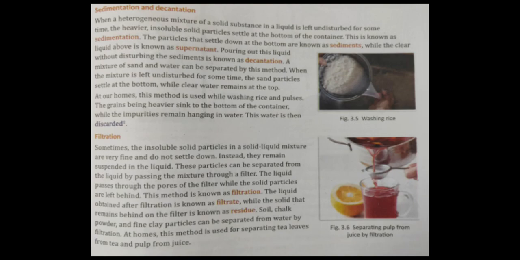The clear liquid component of the mixture that passes through the filter is called filtrate, and the insoluble solid particles that remain on the filter are called residue. The process of filtration can be used to separate clay and water, chalk and water, sawdust and water. In our daily life, we make tea with the help of the filtration process. We separate the dry tea leaves with the help of a sieve, which we use at home.